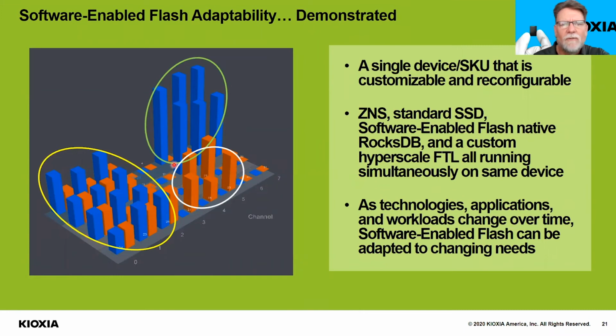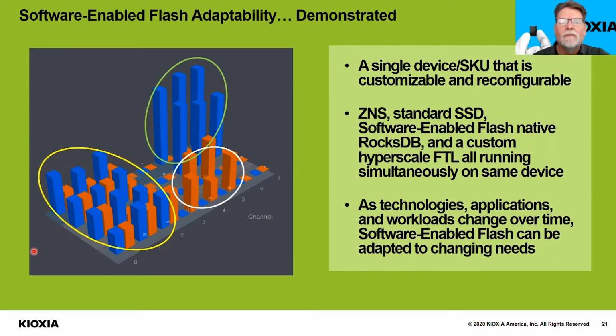And finally, in the foreground, we had a third virtual device that was running a standard block mode driver with a write-dominated workload, hence the red bars. None of these workloads were impacting any of the others. They had full hardware isolation with no shared dies between them.